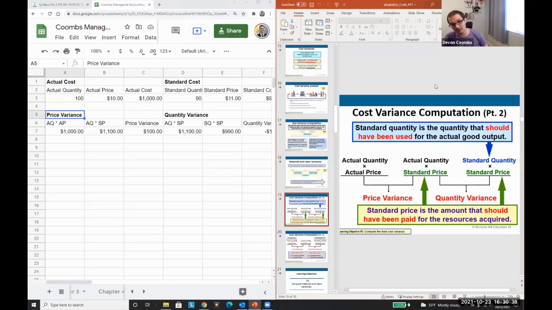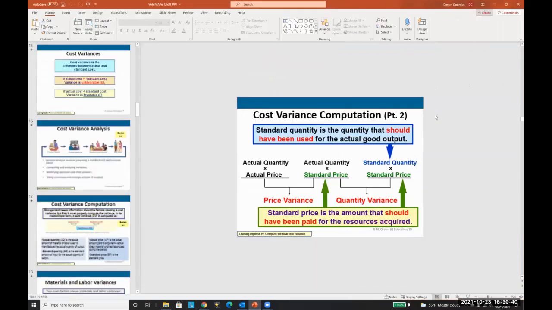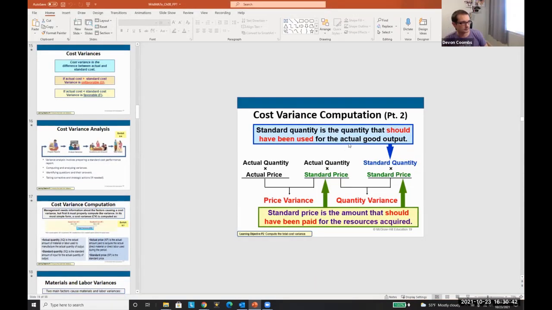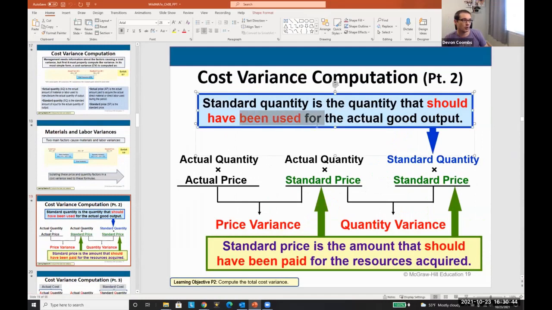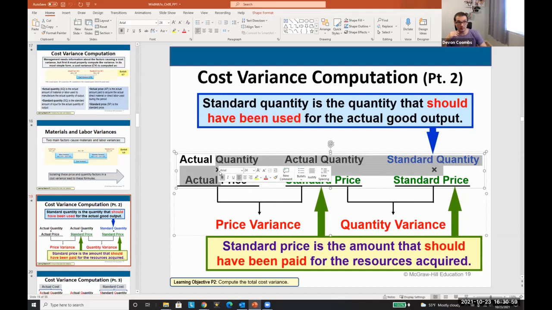Here's a different way to look at it if you're more of a narrative learner. Standard quantity is the quantity that should have been used for the actual good output. We're showing here that we're isolating the price. Actual quantity times the actual price is one bucket under the umbrella.